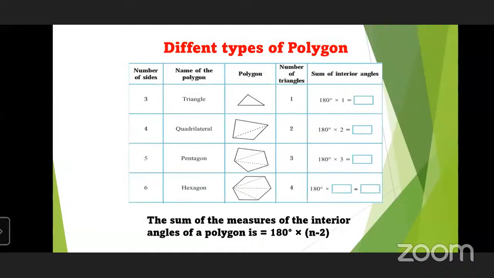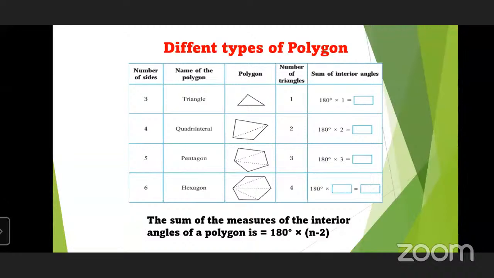Now let's check out different types of polygon. Number of sides, name of polygon, type of polygon, and then number of triangles. In this table, we have shown how many sides are there in the given figure, what is the name of that figure, and how many triangles can be drawn in that figure.